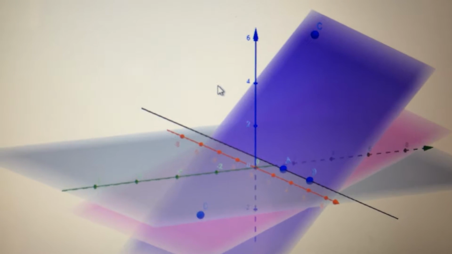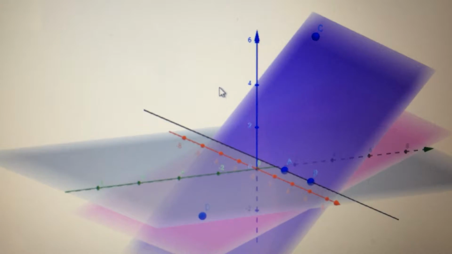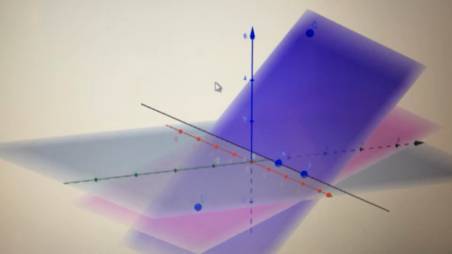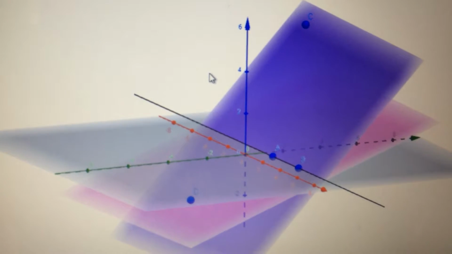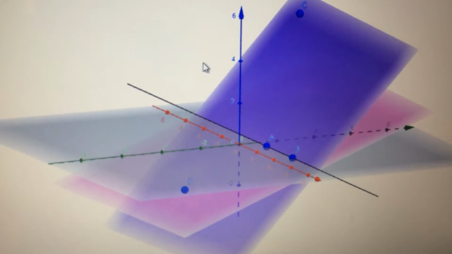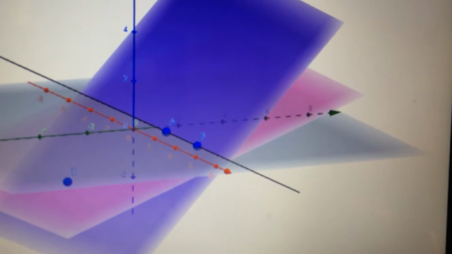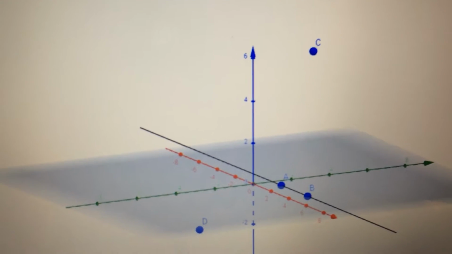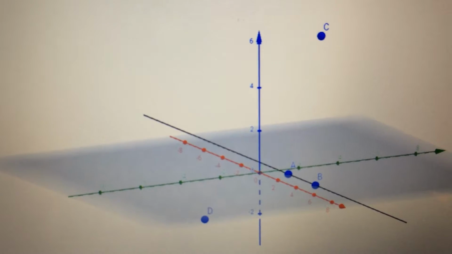Because the definition of a plane is 3 non-collinear points, I just randomly chose a point off of the line AB in 2 different directions. I'm going to get rid of these planes right now so you can see them. I chose point C and then I chose point D.